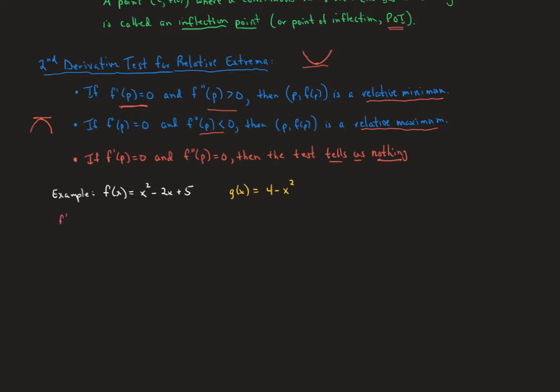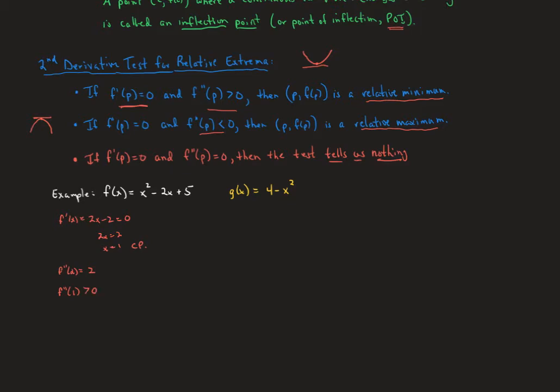So first we're going to find the first derivative, and that's going to be 2x minus 2. We'll set that equal to 0 to solve and find our critical points. So we have a critical point at x equals 1. Now we're going to take the second derivative, and the derivative of 2x minus 2 is 2. Now the second derivative evaluated at 1 is 2, because the second derivative is always 2.